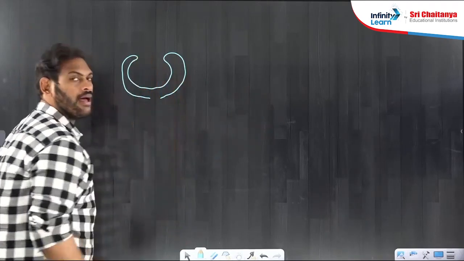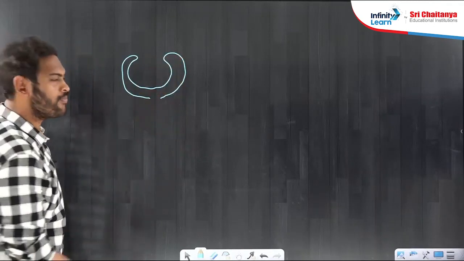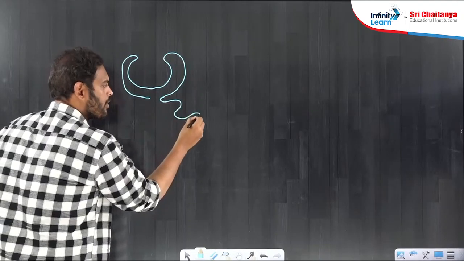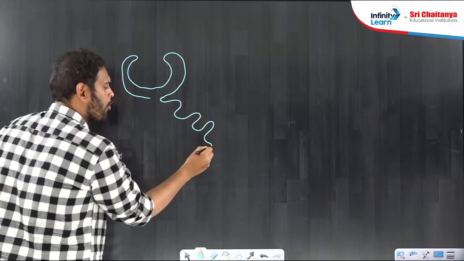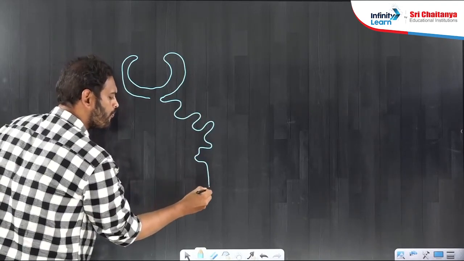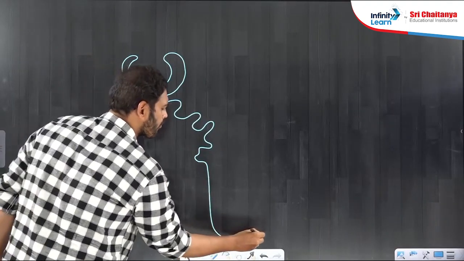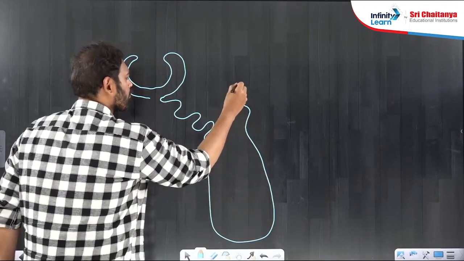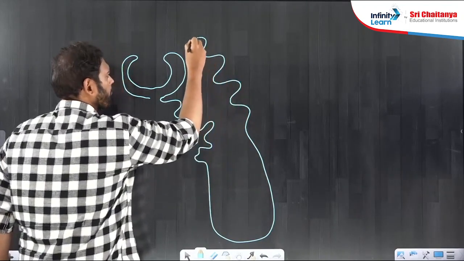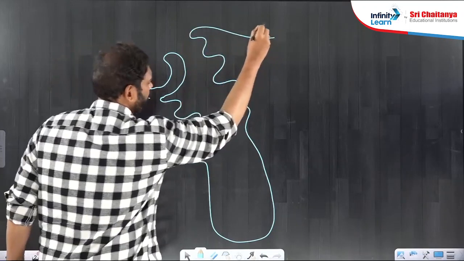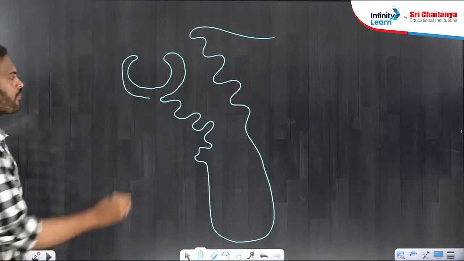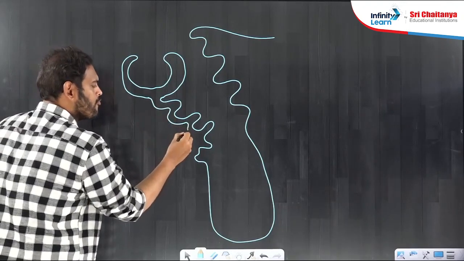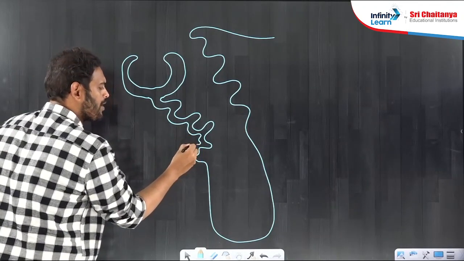Okay. And this structure continues as a highly coiled tube, again raises up, see, this is a highly folded tube-like structure.